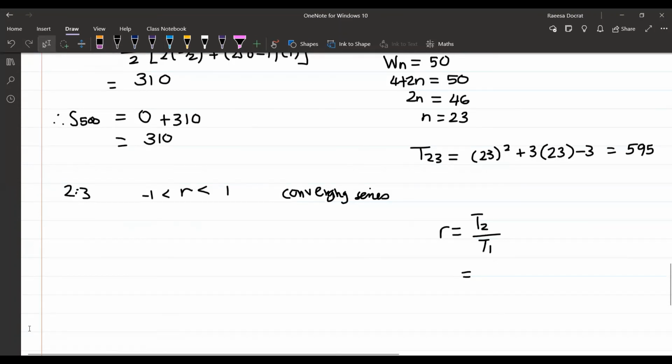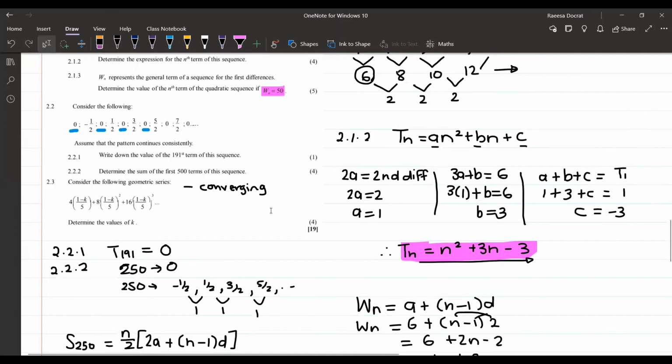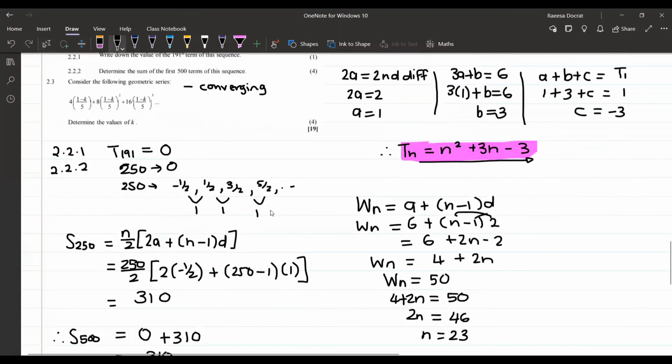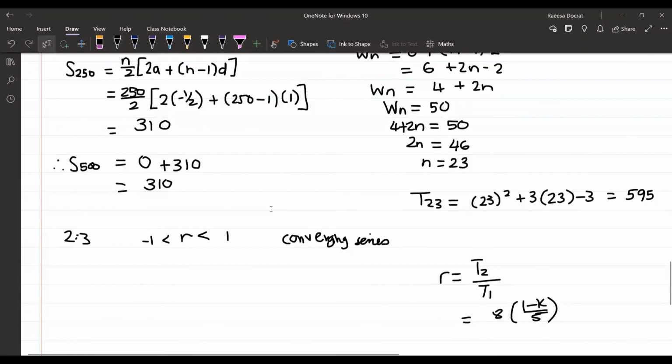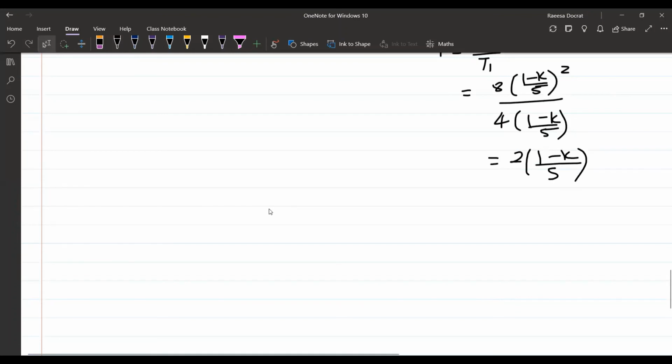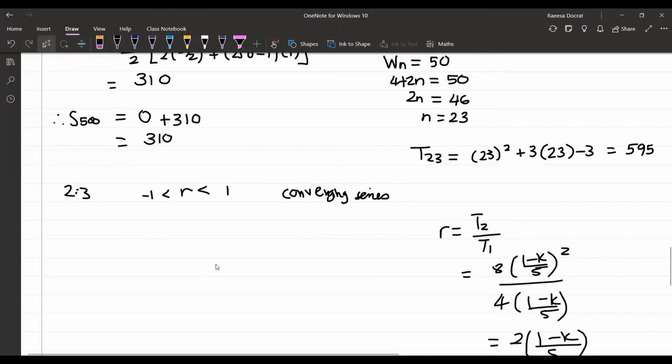So T2 is 8 times (1 minus k over 5) to the power of 2, over 4 times (1 minus k over 5). If we simplify that, we get that the common ratio is 2 times (1 minus k over 5). So that is our common ratio.